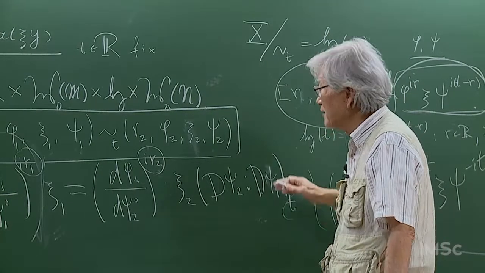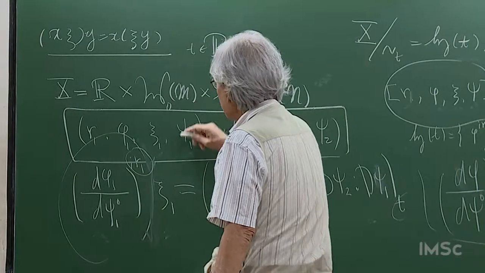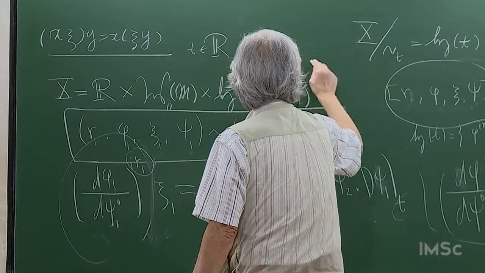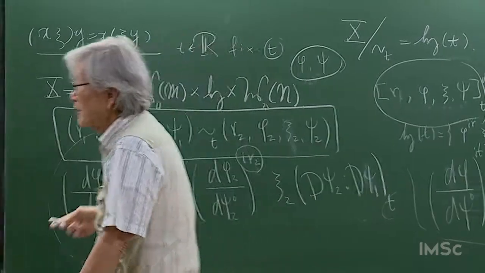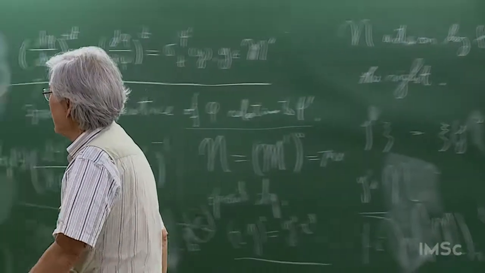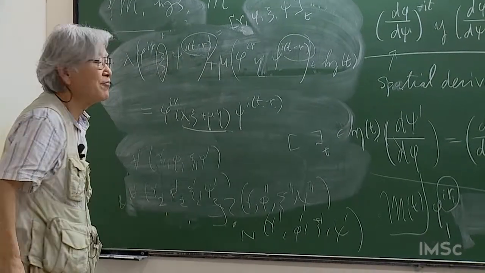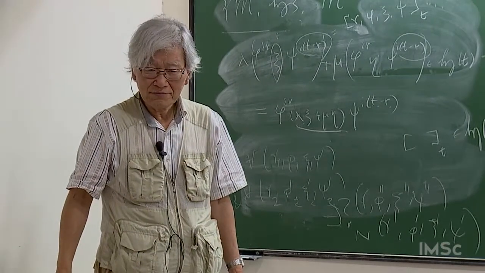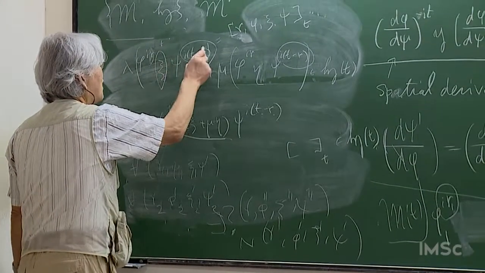And then if you fix T and the phi and the psi, then everybody can be arranged, if you choose xi properly. And also you can choose this R arbitrarily.